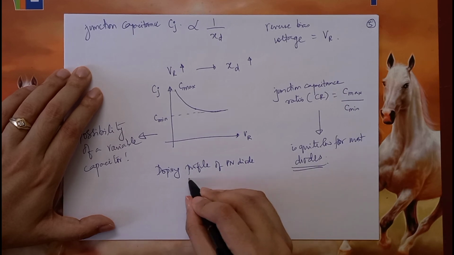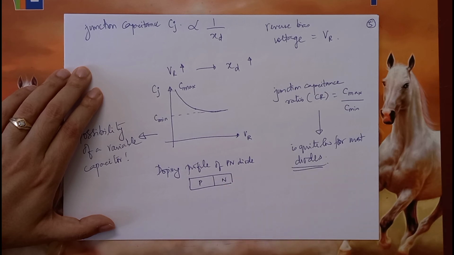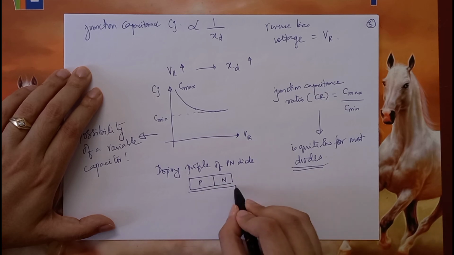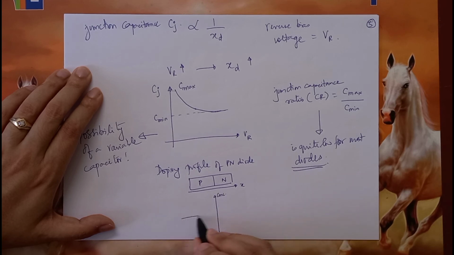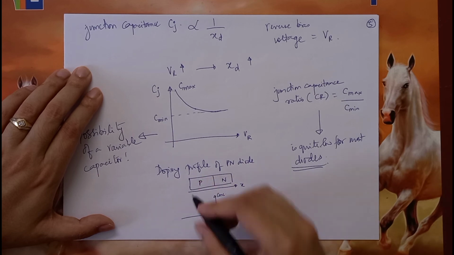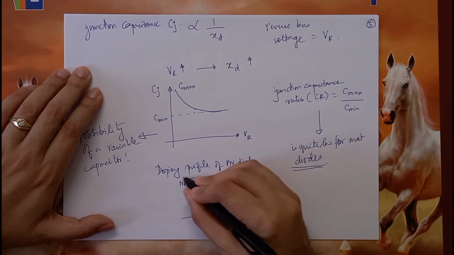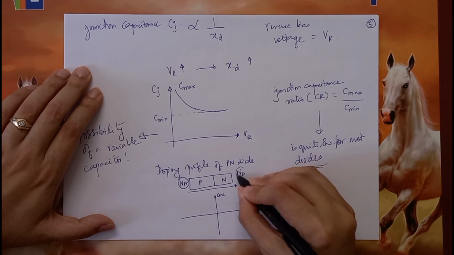So if this is a PN junction diode, now if this I label as the x-axis and this is the concentration of the ions or the carriers which are being doped as a function of x. So let us say the doping concentration in the p side, that is the acceptor ions, is Na, and in the N side the doping concentration is Nd.